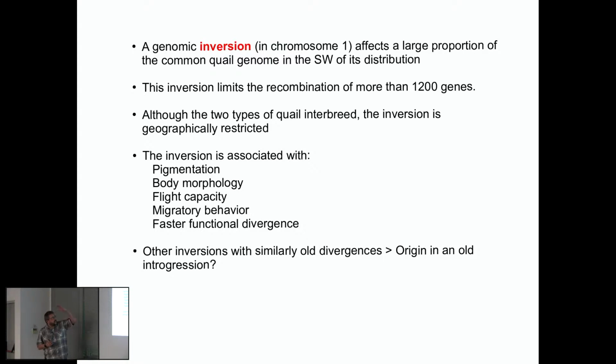It seems that this inversion is associated with pigmentation, body morphology, flight capacity, migratory behavior, and also with faster evolution. And we have seen that there are other inversions in the genome.